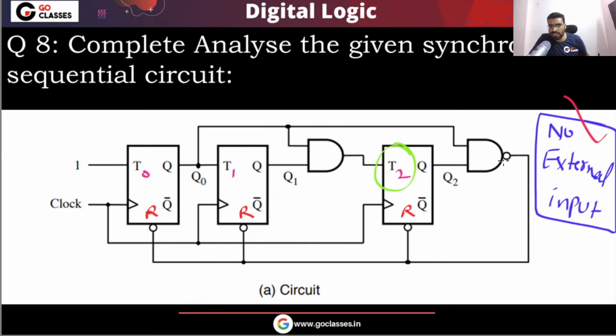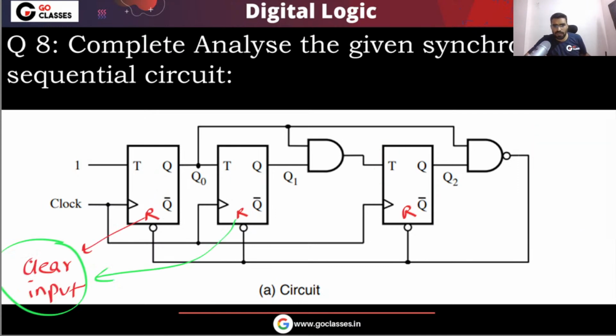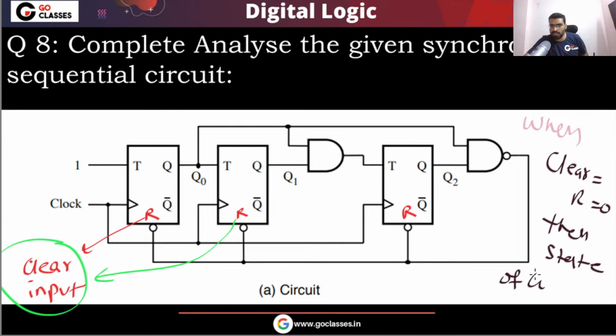Now one more thing is interesting. What is that? When this clear input is 0, all the flip-flops will clear. Yes or no? When clear equal to R equal to 0, what will be the state of this counter?